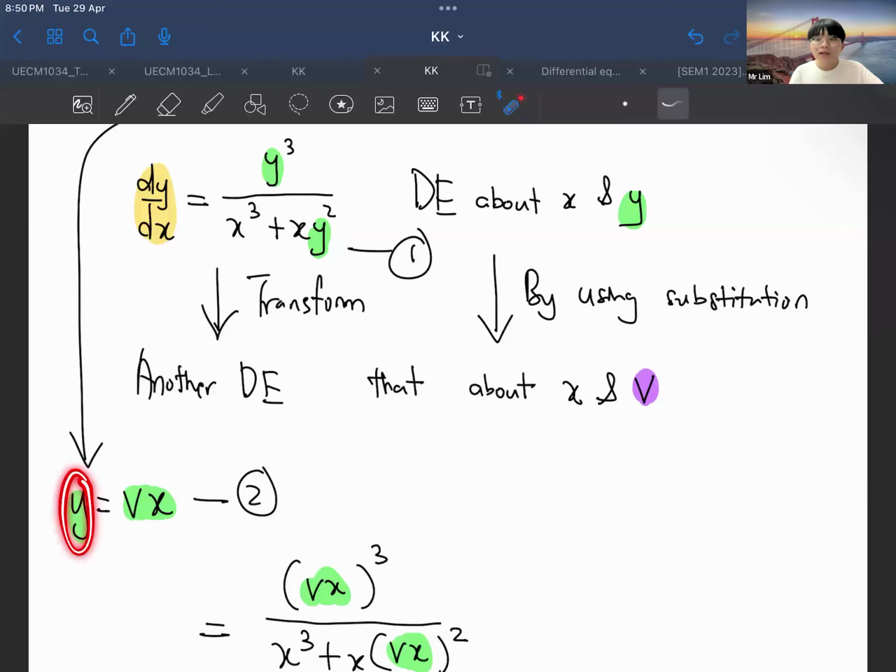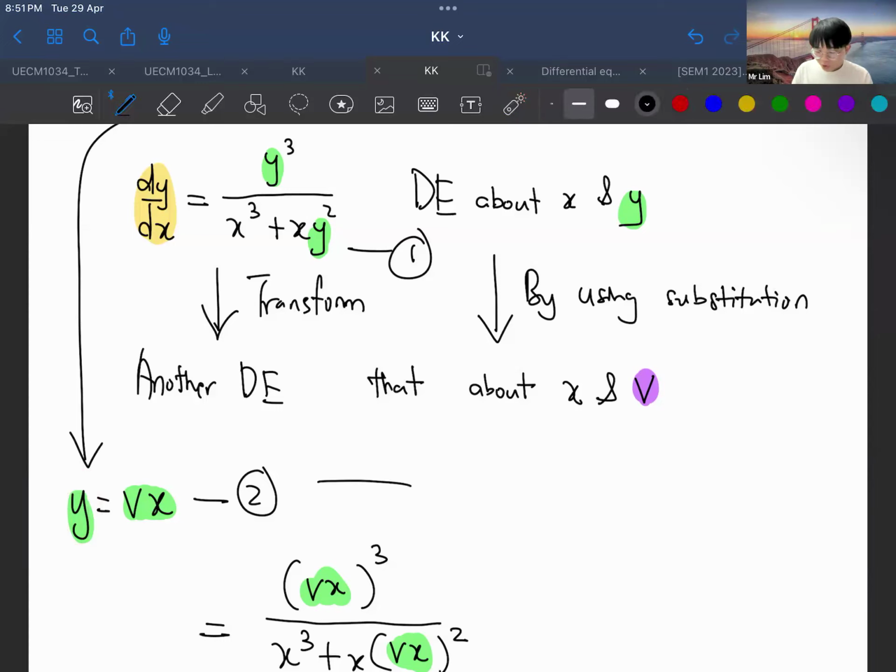I have y on the left-hand side, so it will be really good if I differentiate with respect to x. If I differentiate both sides, I would get dy dx on my left-hand side, and I'm going to see what my right-hand side is.